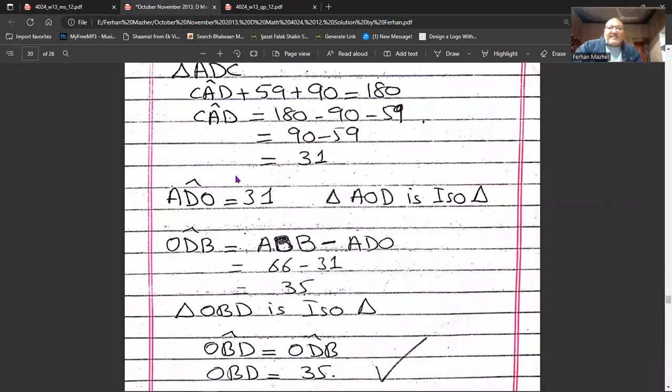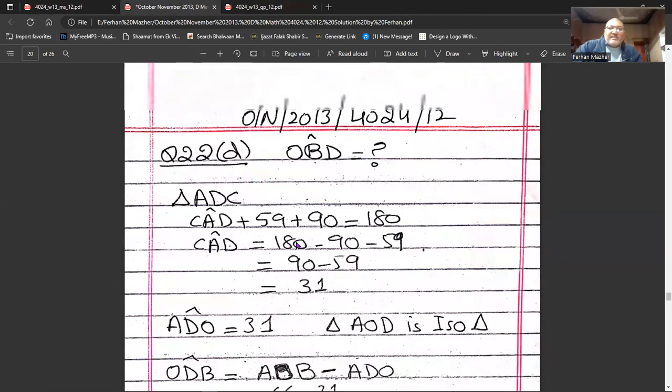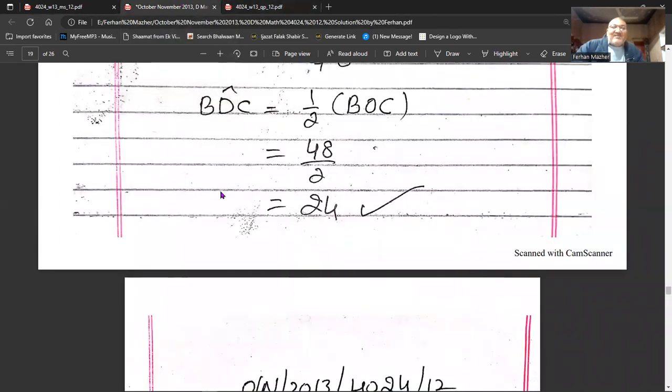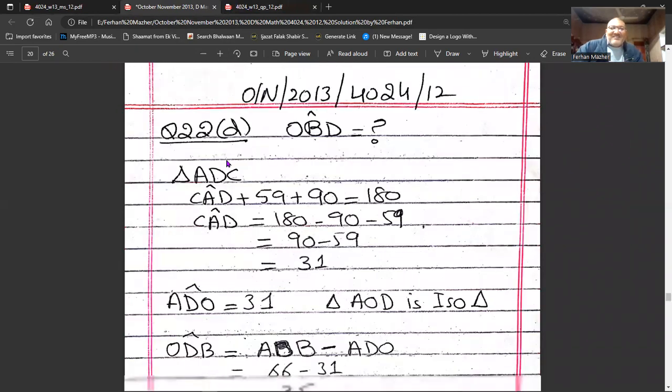I know the BDC, that's 24. So 59 plus 24, you will get this angle, and this is 48, whatever that will be. And from 180 subtract this 48 and this angle, and you will get this angle. Very simple strategy. But the strategy with which I found it was a little bit more difficult.